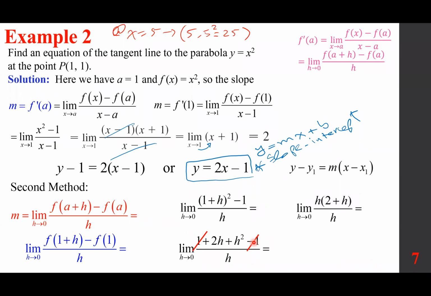Now the h drops. The limit of 2 plus h as h approaches 0, and that's the same, meaning this one is the same as this one. And of course, the rest is elementary algebra.